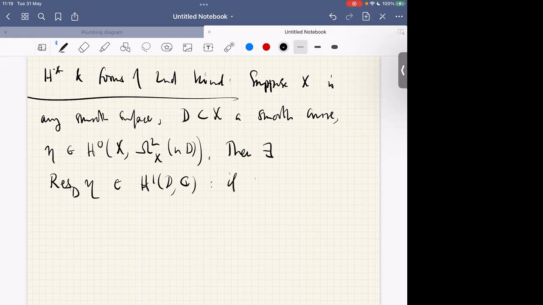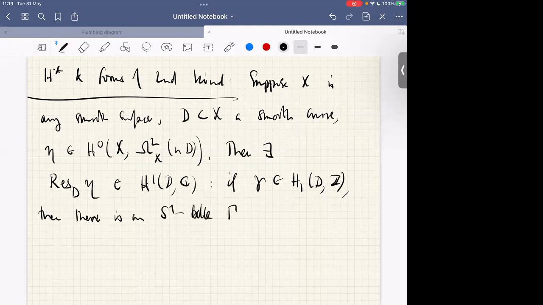If gamma is an integral cycle on D, then there is an S1 bundle, let's say capital gamma, mapping onto gamma.